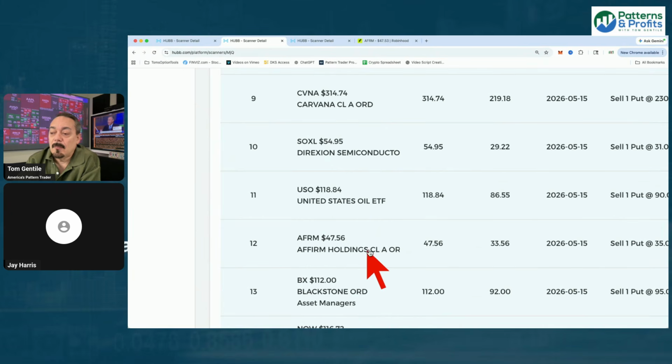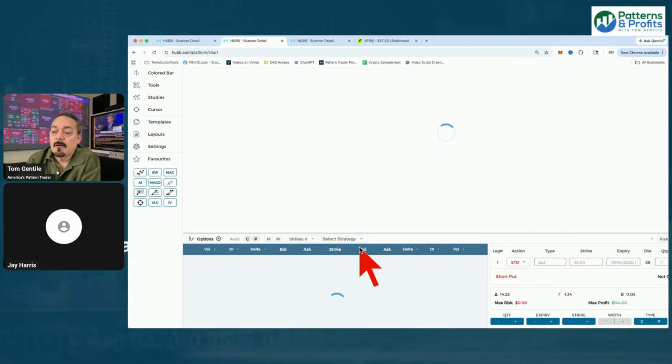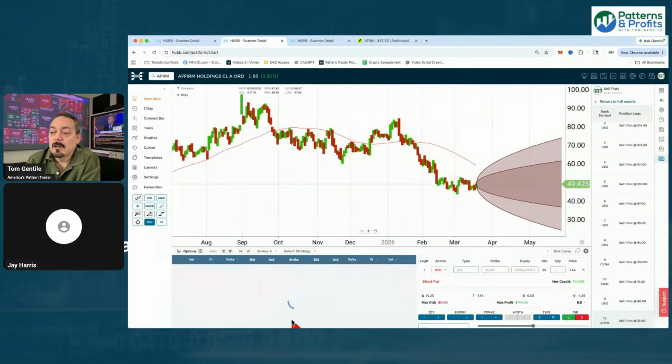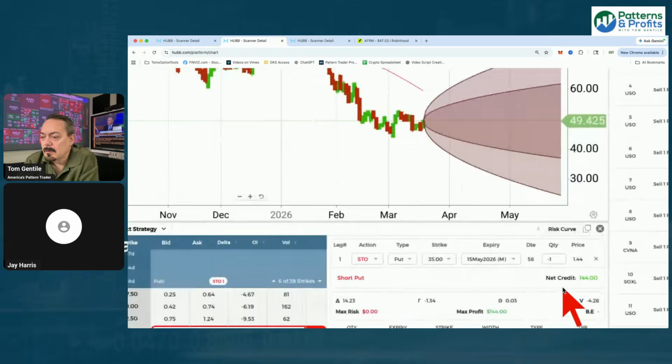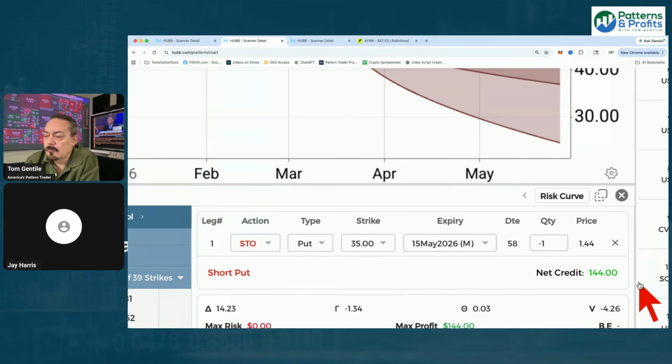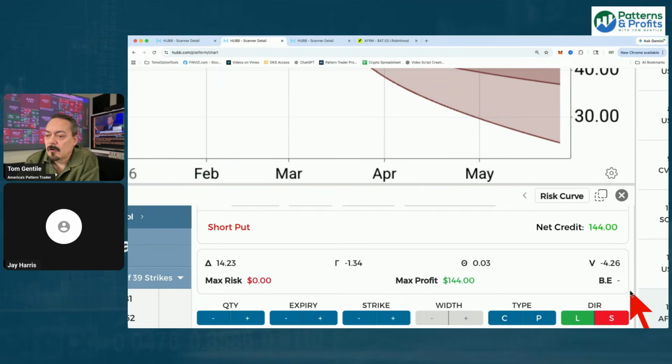But then I see AFRM holdings, and I see AFRM here at $47.56. So I'm going to click on AFRM. That's where I want to go. So I'm looking at AFRM, and I come out here and I see that this is also a May expiration. And so just to start, I've got AFRM here.